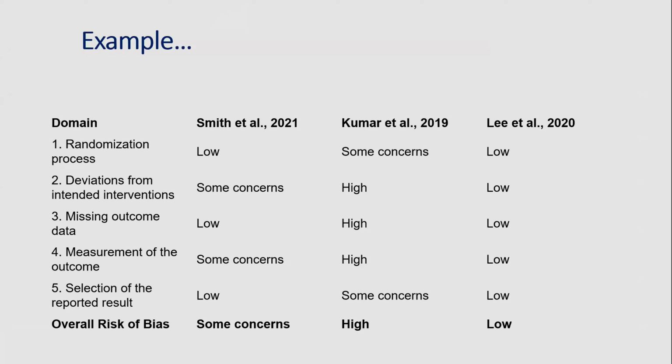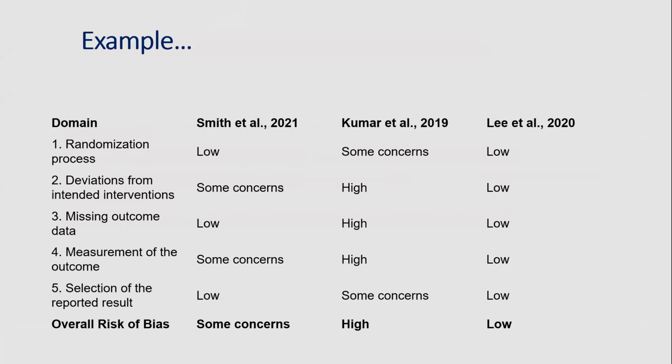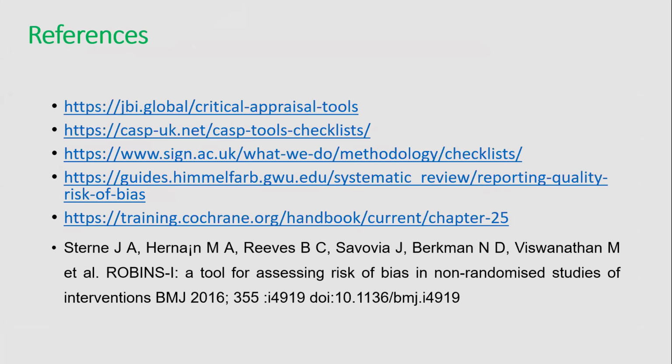So based on each domain, by going through the study, you have to mention what it conveys for each domain. Yeah, so this is regarding quality assessment tools, and these are the references for the quality assessment and risk of bias assessment tools.